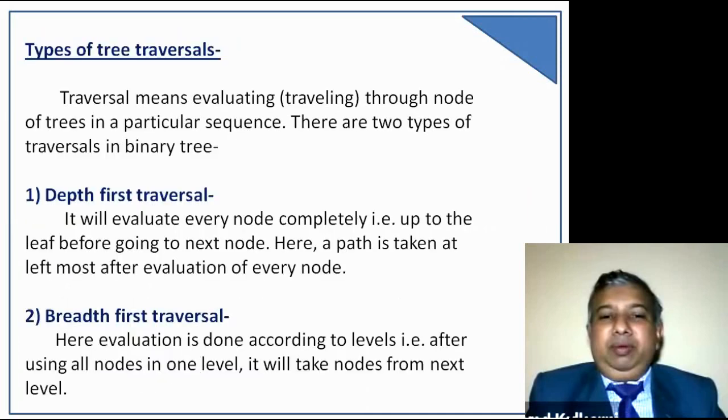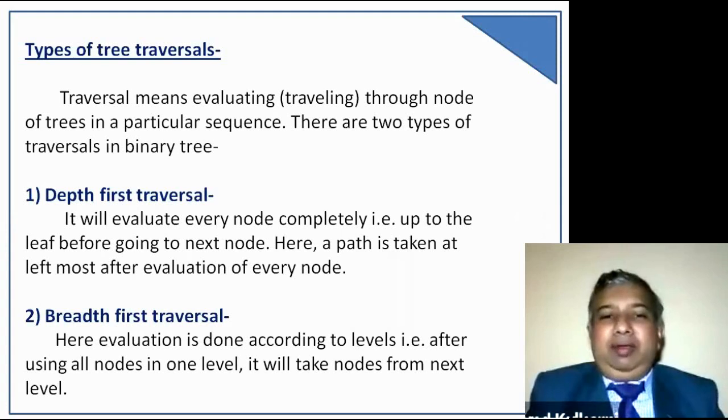Let us discuss tree traversal. Traversal means evaluating every node from the tree. Every traversal has a particular sequence. There are 2 types of tree traversal. First one, depth first traversal, and second is breadth first traversal.